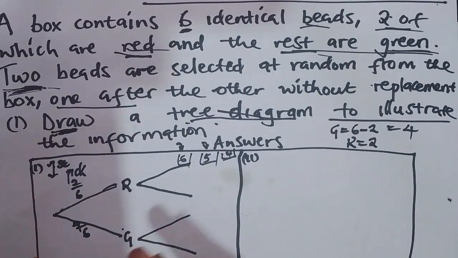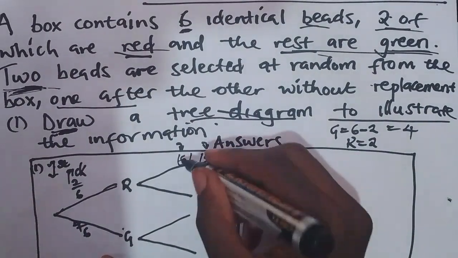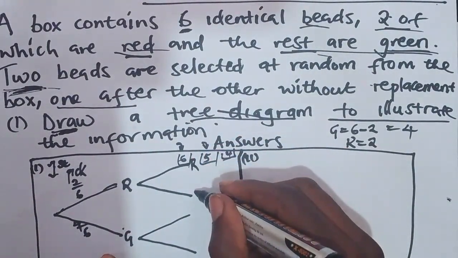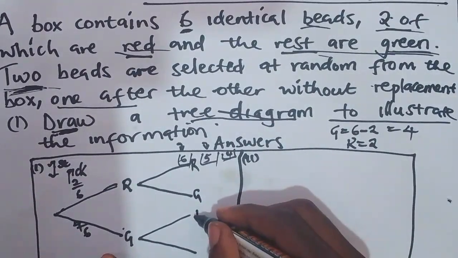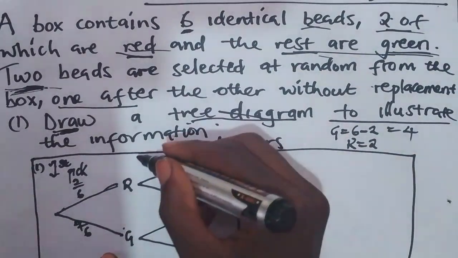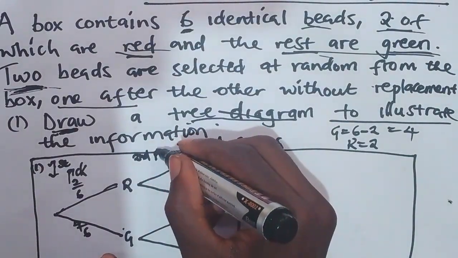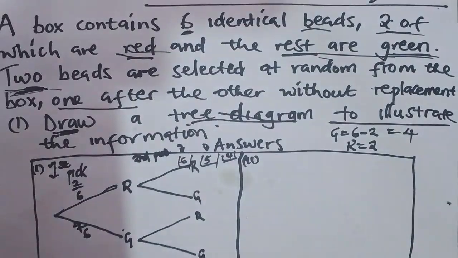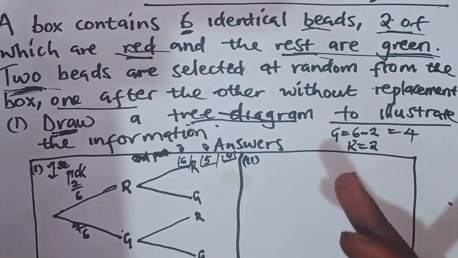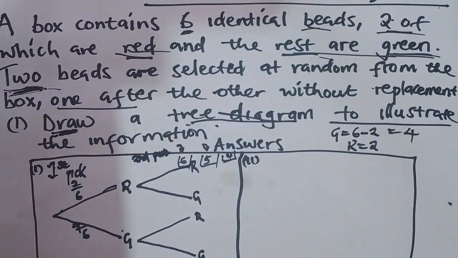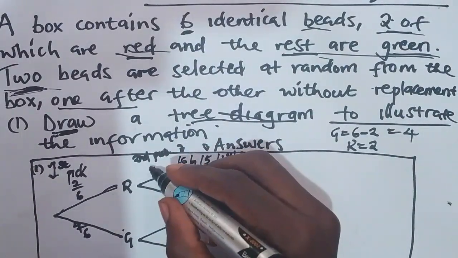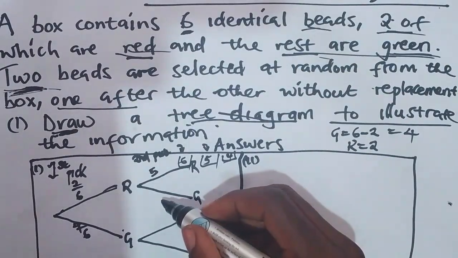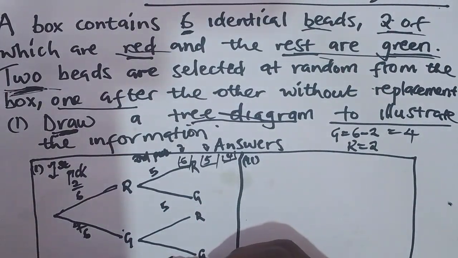The chances change. Here you put R, which stands for red, green, red, and green. This is the second pick. Remember, in the first round we had 6 marbles, but the marble which was taken wasn't replaced. So after the first pick, we remained with 5 marbles as the total.